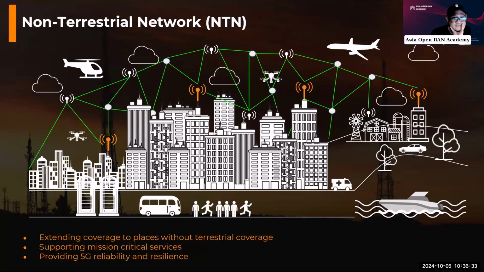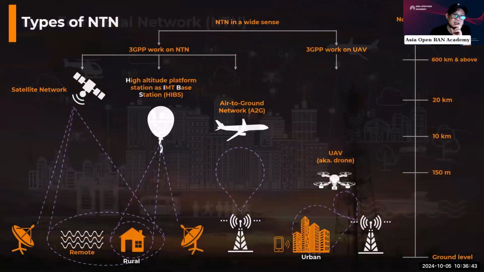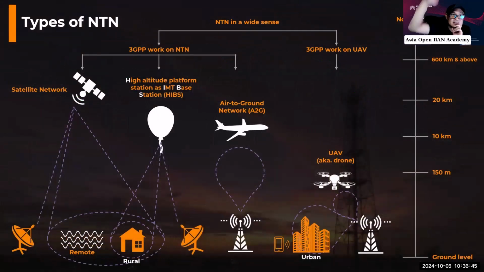So, supporting mission critical services and providing 5G reliability and resilience. This is just an additional illustration. What are the differences of a non-terrestrial network? You have your UAV, unmanned aerial vehicle, air-to-ground, high altitude platform or HAPs, and satellite network.